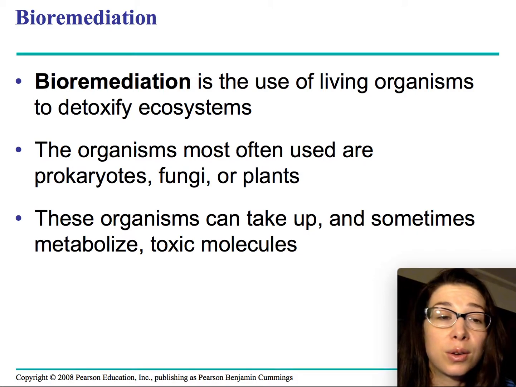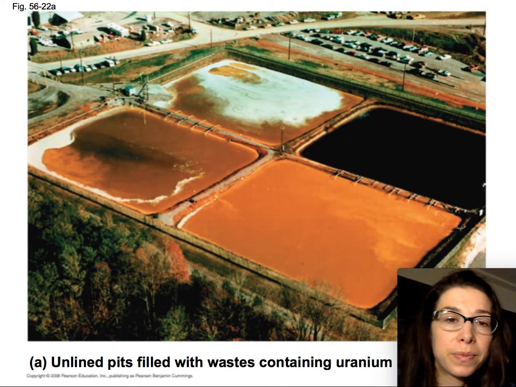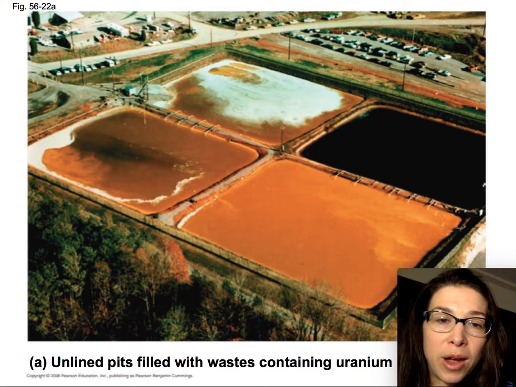So biodiversity is obviously very important, and there might be bacteria on Earth that can, for example, metabolize plastics or metabolize oil and get rid of contaminants that we've introduced into the ecosystem that we haven't even discovered yet. So maintaining biodiversity is really important, even from a very selfish perspective.